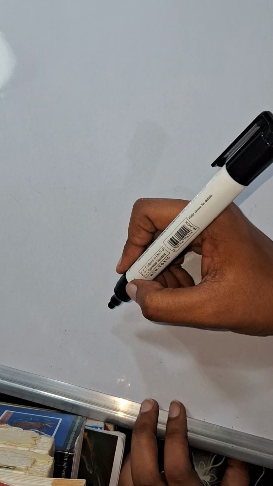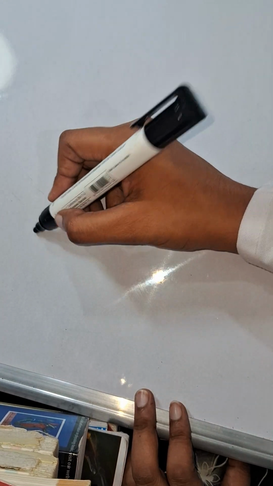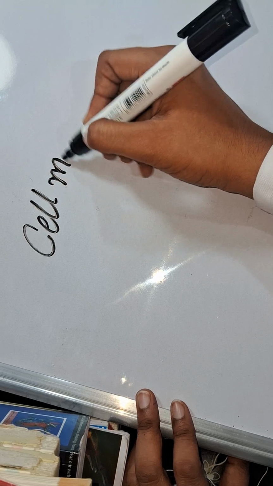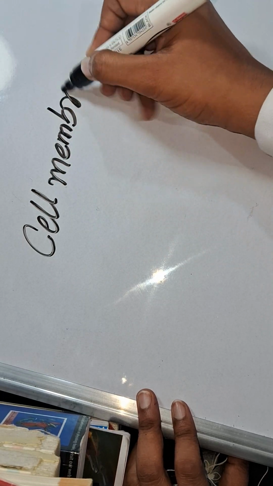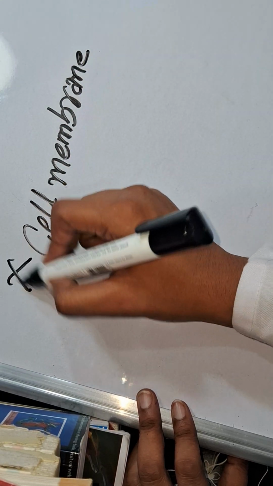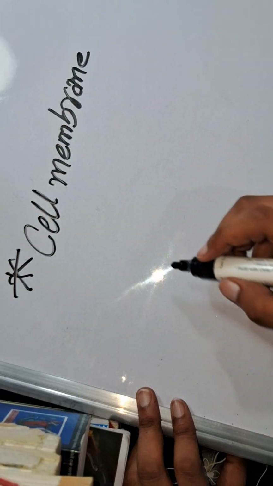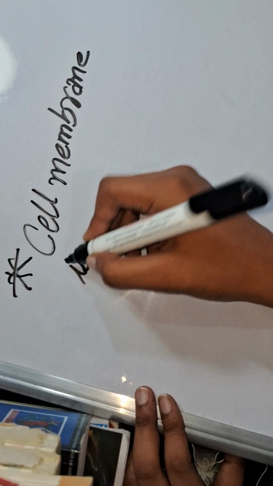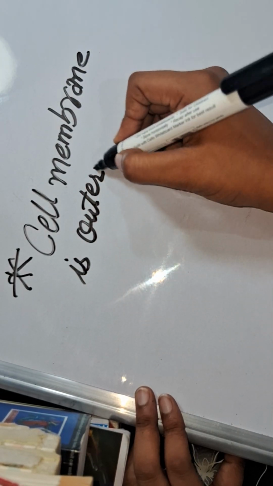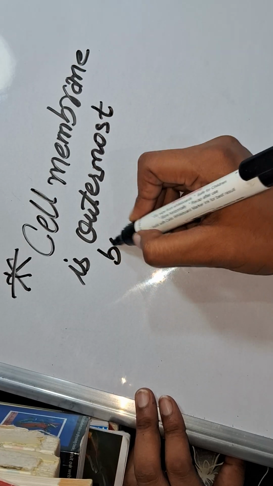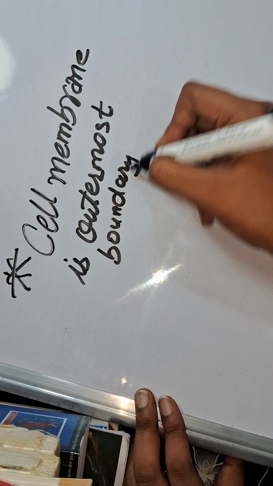Coming on to our cell membrane. This is our main topic. The cell membrane is the outermost boundary of a cell.